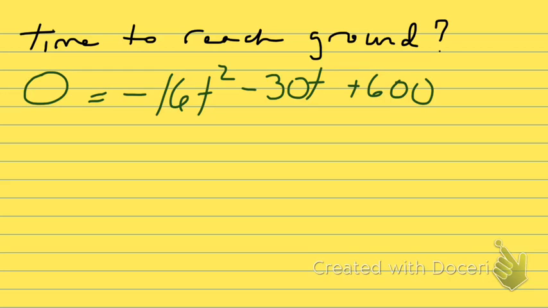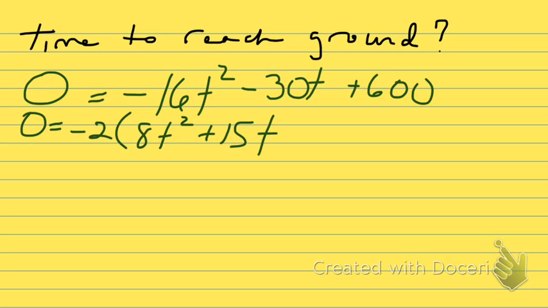We can use the quadratic formula with these numbers, negative 16, negative 30, and positive 600, or we could use the quadratic formula after factoring out a negative and a GCF of 2. All signs would change. Negative 16 divided by negative 2 is 8. Negative 30 divided by negative 2 is 15. 600 divided by negative 2 is negative 300.